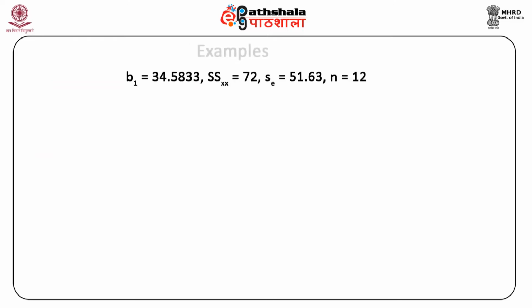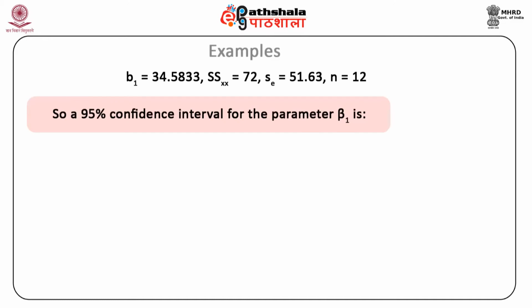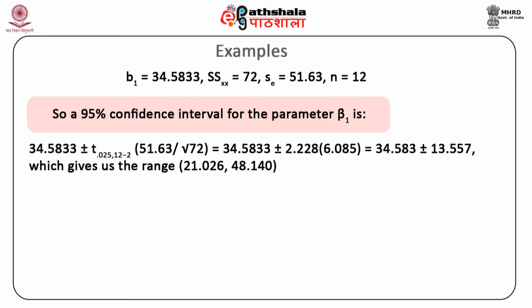Suppose B1 is equal to 34.5833, SSXX is 72, and SE is equal to 51.63 with n equal to 12. So a 95% confidence interval for the parameter beta 1 can be written as 34.5833 plus minus t 0.025, 12 minus 2 into 51.63 divided by under root of 72.